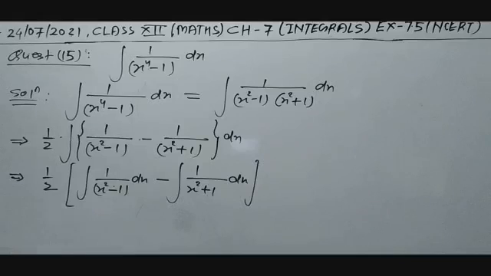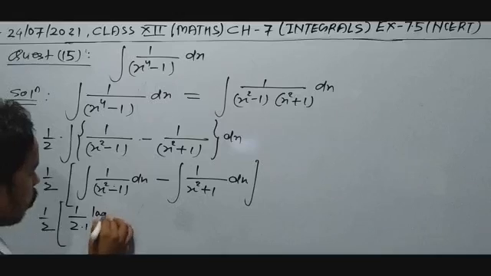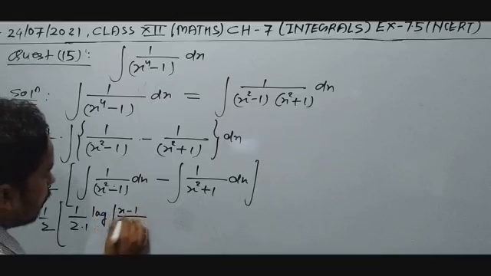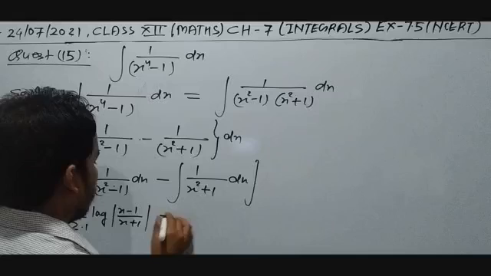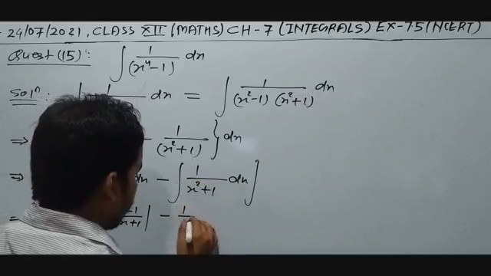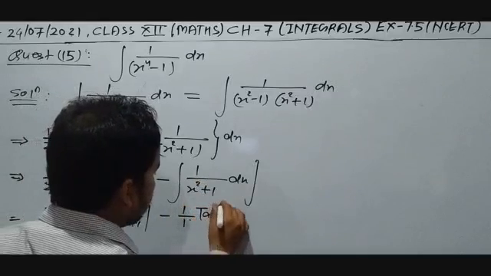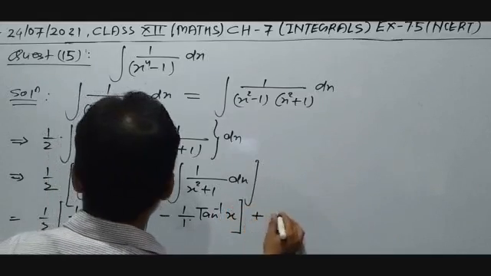So its answer will be 1 by 2 times 1 log of (x minus 1) whole upon (x plus 1) minus, 1 upon x square plus a square, result is 1 by a tan inverse x by a, that is 1 by 1 tan inverse x, now plus c.